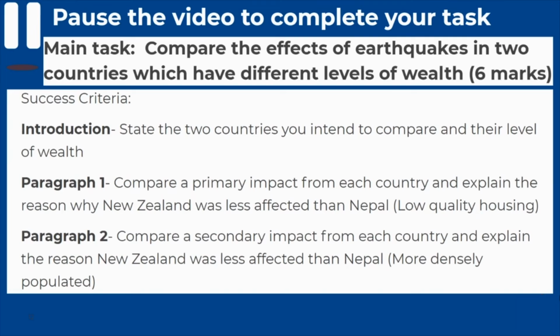And once again, I have given you 2 pointers to get you started. I want you to use low quality housing as your explanation for why Nepal was more affected than New Zealand. And I want you to use more densely populated as your secondary reason for why Nepal was more affected than New Zealand. So pause the video, use the tables that we created, and have a go at answering this question.